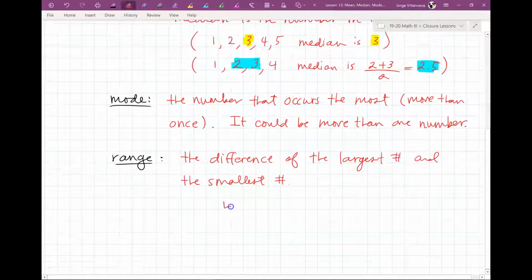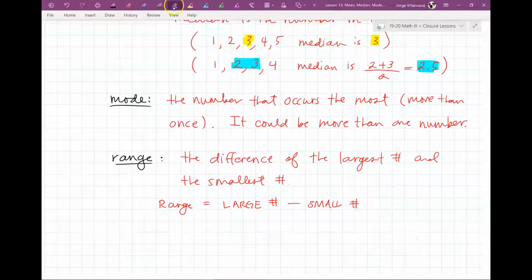So we'll put large number minus small number. Whatever that happens to be, that's what we call our range.